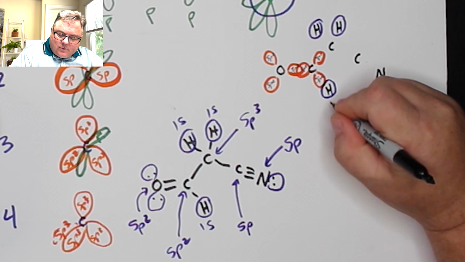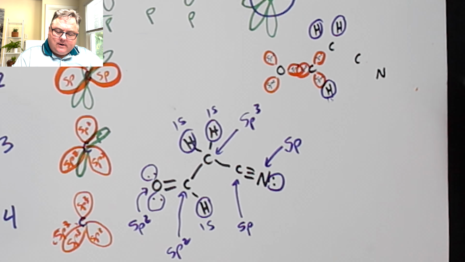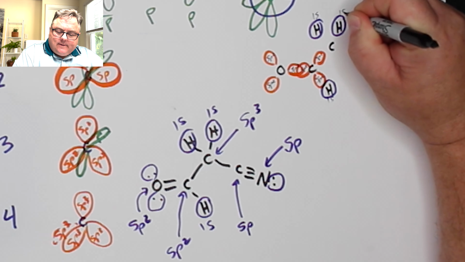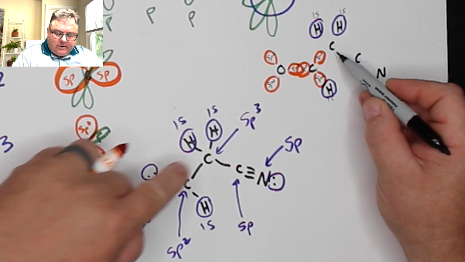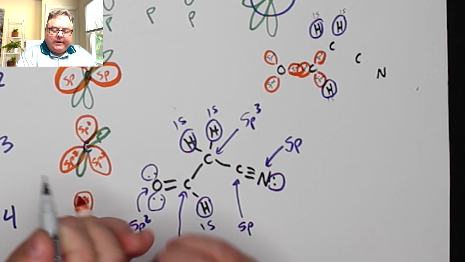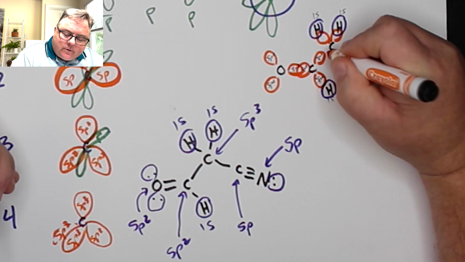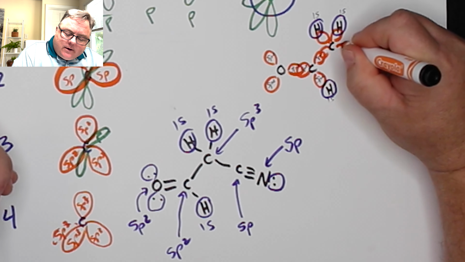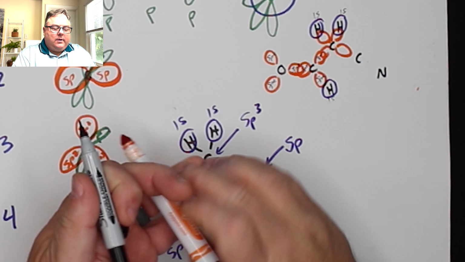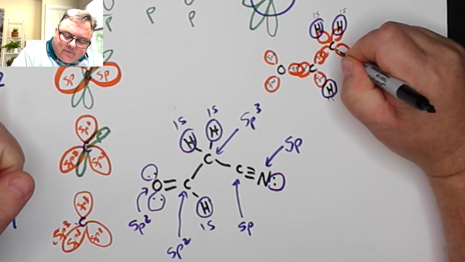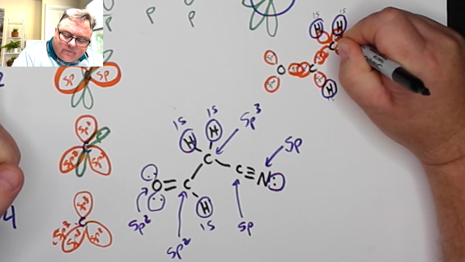Our hydrogen 1s orbital is still there. These are all 1s. This carbon right here is sp3, so I need 4 lobes. One will point towards that hydrogen, one towards this one, towards that carbon, and one towards this carbon. So I'll draw sp3 for all of those.